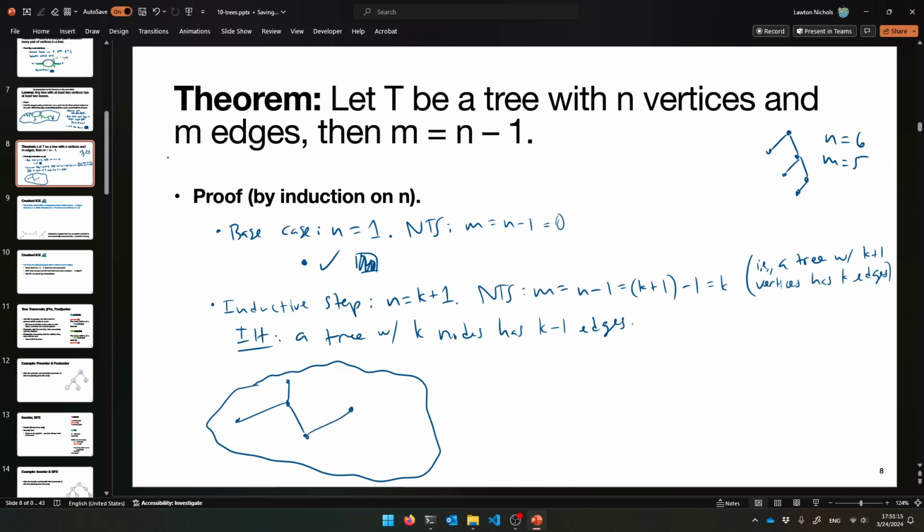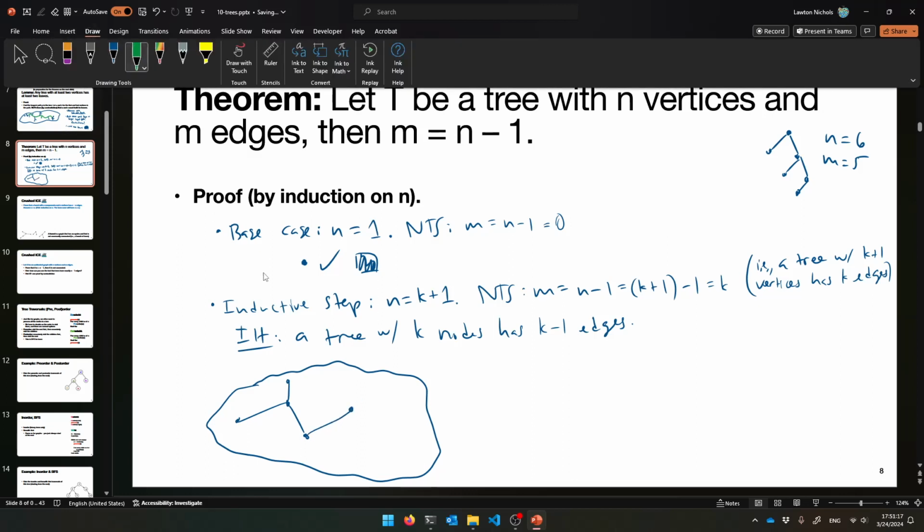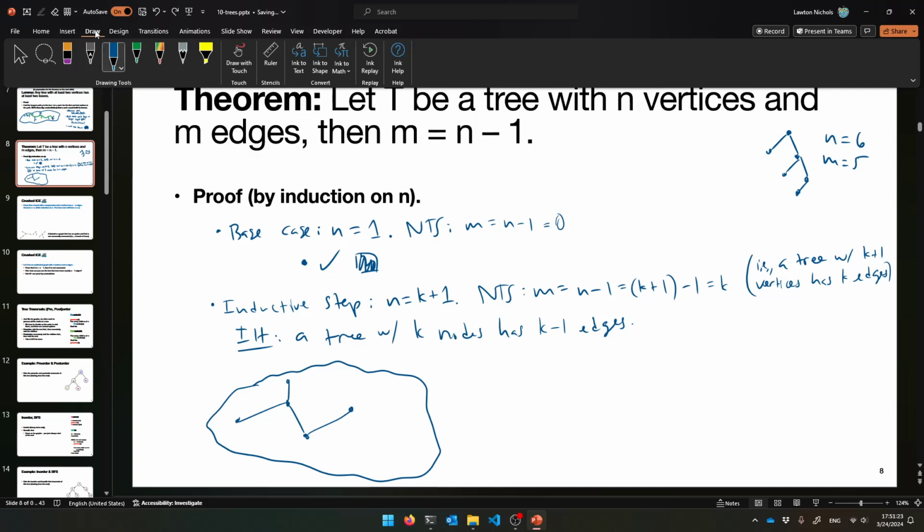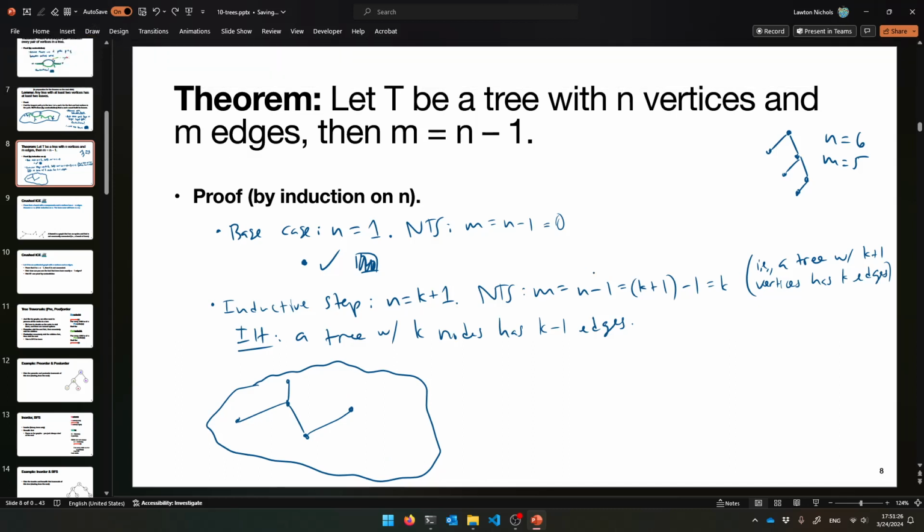So, to this tree of k plus 1 nodes, we're going to find a leaf, pick any of them, and consider the subtree without that leaf. Or, sorry, it's not a subtree at that point. It's just a new tree. And consider the tree without that leaf.